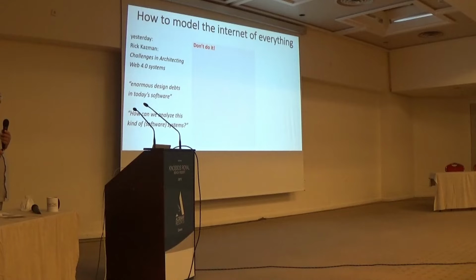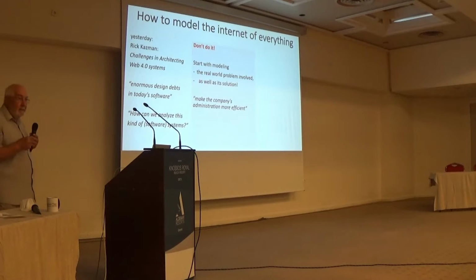It's a stupid idea to analyze software systems. Instead, we should start the system design with modeling, which involves the real problem. We should start from the real problem and not from the software idea, as well as from the solution. And for instance, the problem would be make a company's administration more efficient. That is a problem, and not a database problem.